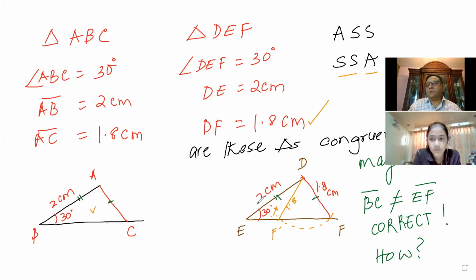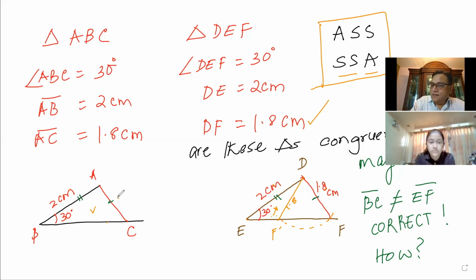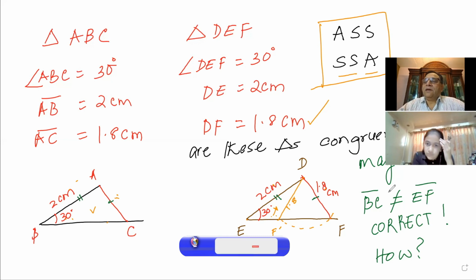Can you explain to me now why, with this given condition, I could write this as angle side side, or I could write side side angle? Either way it could be written. Then how will you show that they may not be congruent? Tell me.